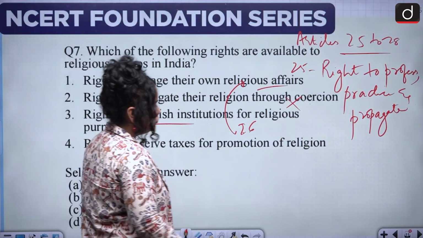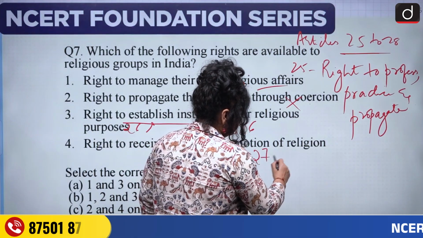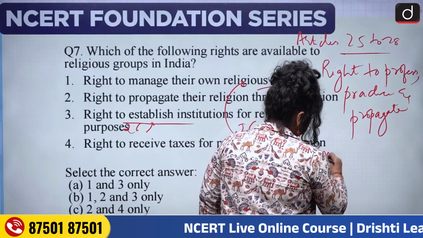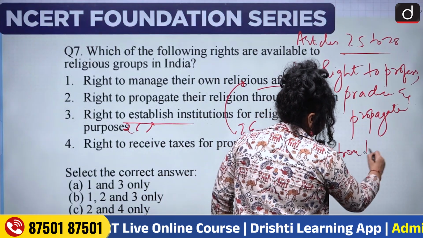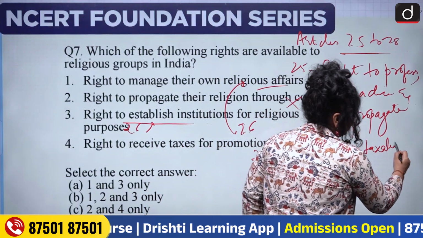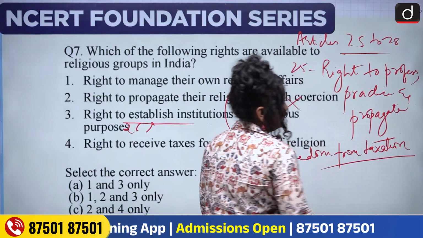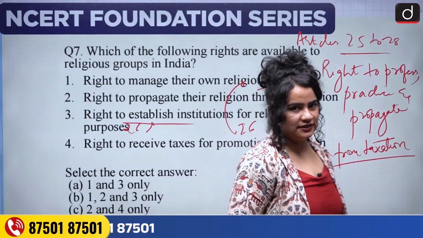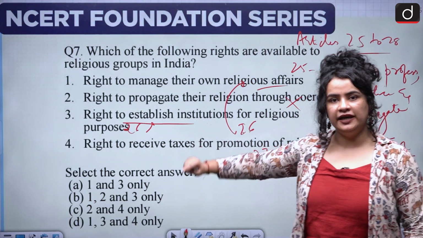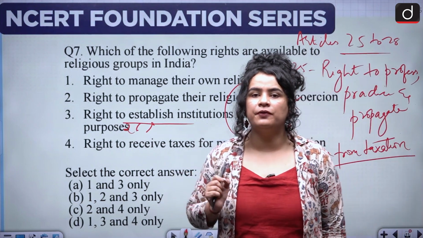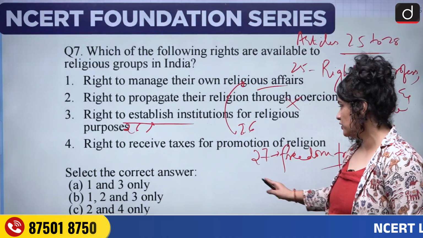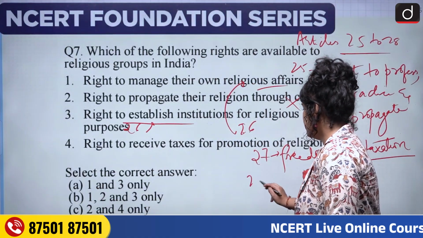Now, article 27 says freedom from taxation for the purposes of promoting a particular religion. So, I cannot be compelled to pay taxes so that somebody else or the government can promote a particular religion. I have that freedom from payment of taxes. All right. That is article 27.